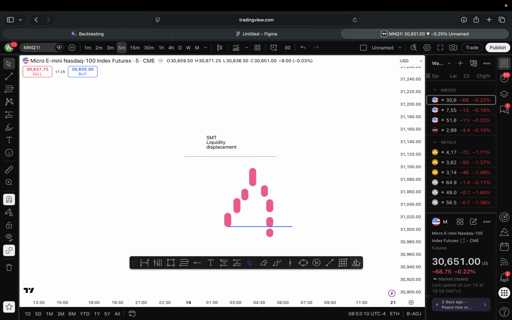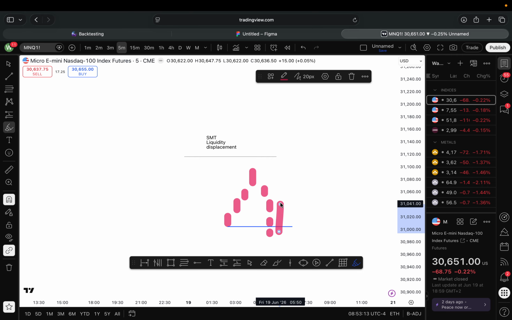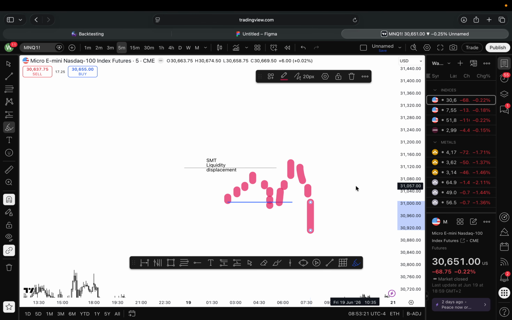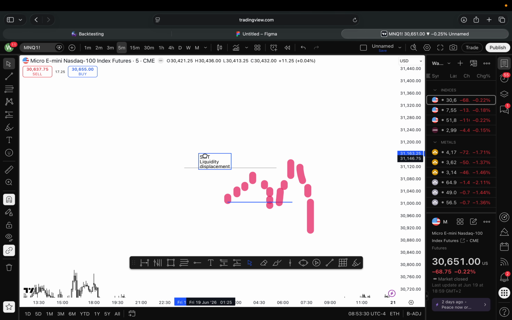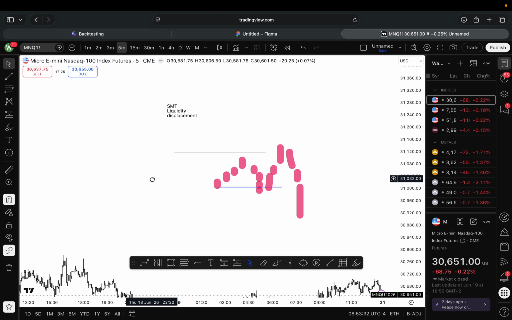What we'll see happen is this: price will come and tap it, and then this will happen. That's how people get stopped out, right? And price automatically goes to their TP because they had the right draw of liquidity, but they entered at the wrong time.